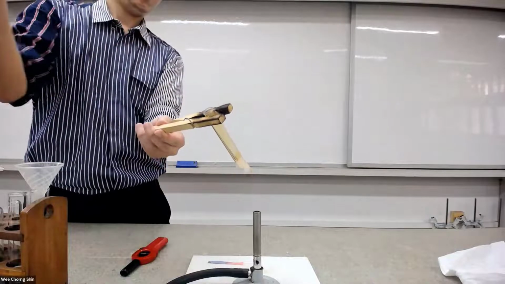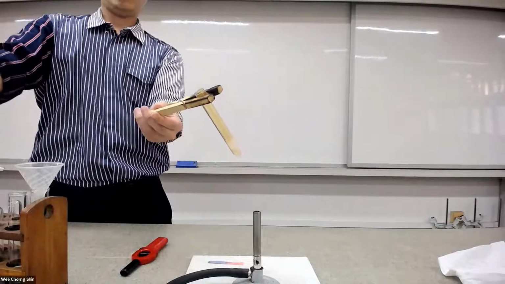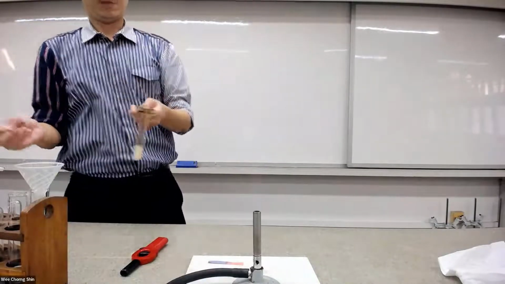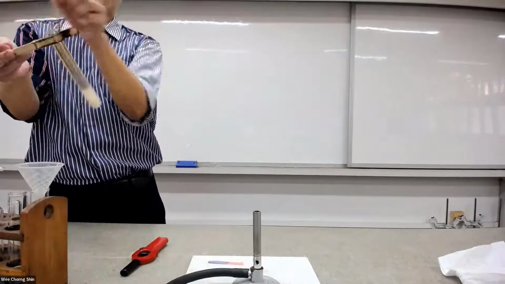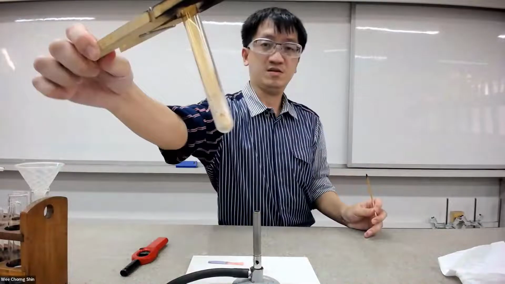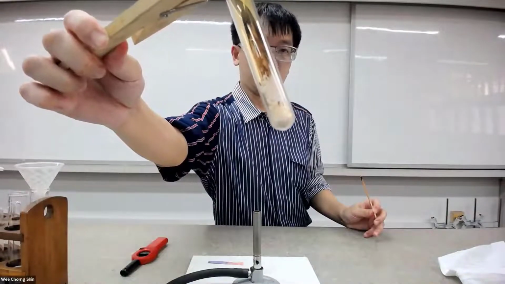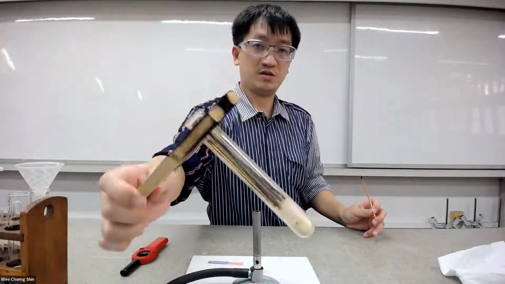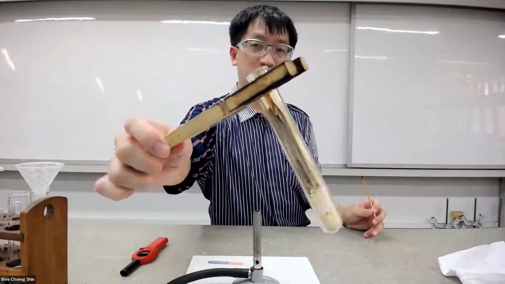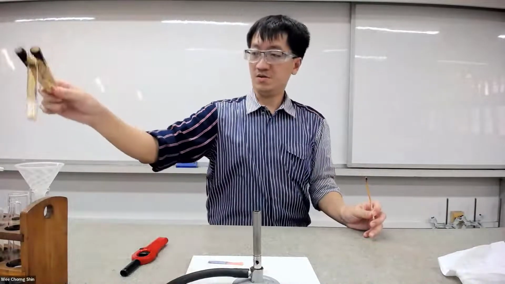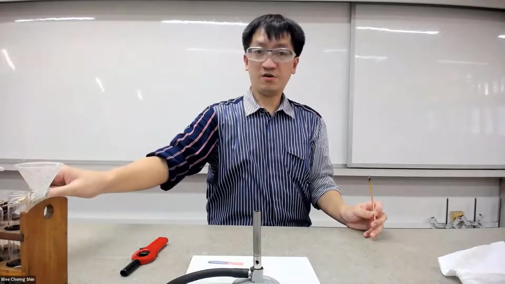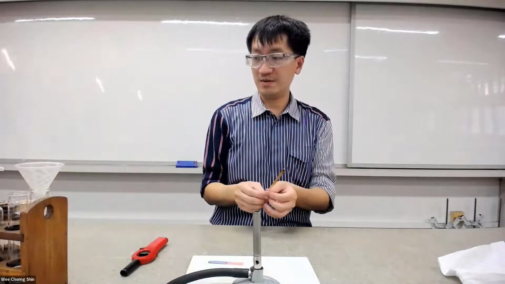Okay, very brief. So that's it, this is the final appearance. You can still see the dense NO2 lingering around the stem of the test tube. So that's the end of this demonstration.